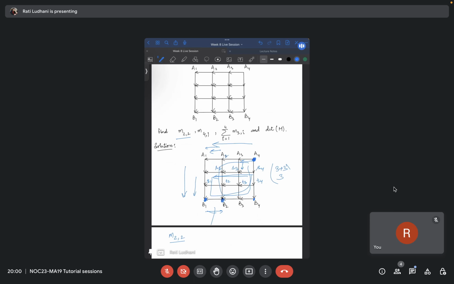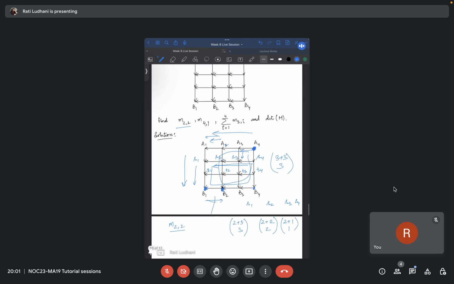Even if you consider S1, S2, S3 and S4, you will actually get 2 plus 3 choose 3. At the second step you will get 3 plus 2, 2 choose 2. Next step you will get 2 plus 1 choose 1. And at the last step you will get 2 plus 0 choose 2.